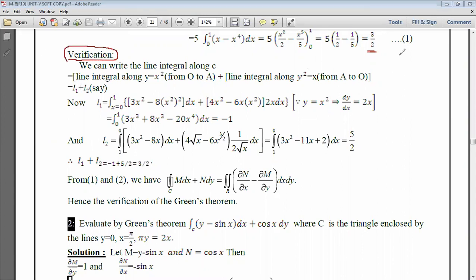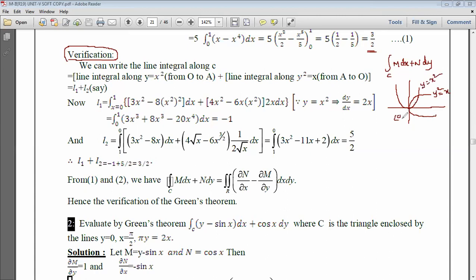The right side is completed. Now we need to calculate the integral of M dx plus N dy over the curve C. Here the curve is bounded by the entire region, so we need to take two curves, right? This is one curve and this is another curve: y square is equal to x, and y is equal to x square.